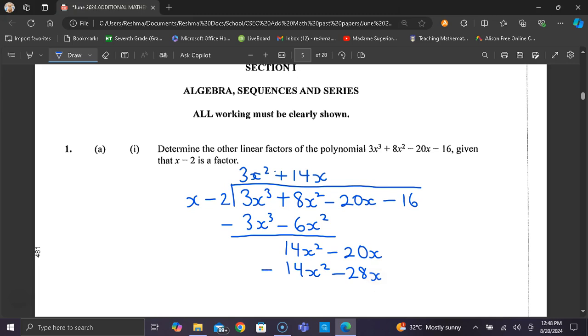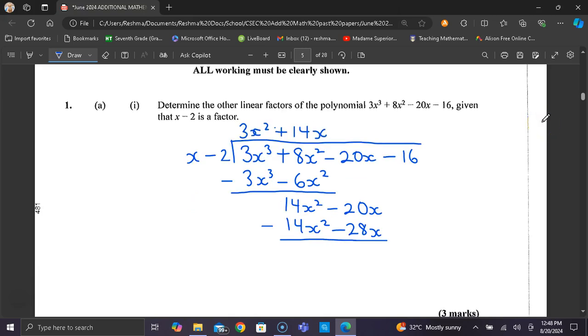Again, we're subtracting. 14x squared minus 14x squared is 0. Minus 20x minus minus 28x will be minus 20 plus 28, which gives 8x. Then we bring down our last term, which is minus 16.